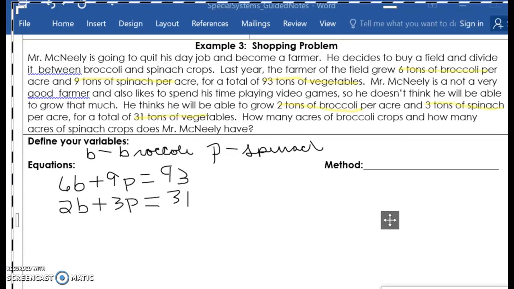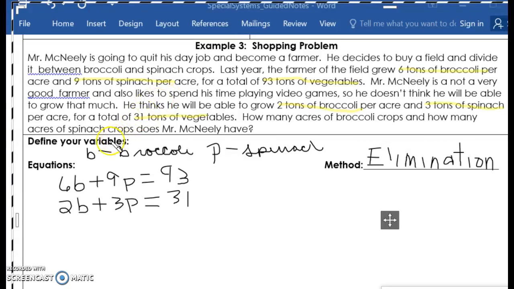Which method do you think we should use to solve this system of equations? I think we should use elimination.